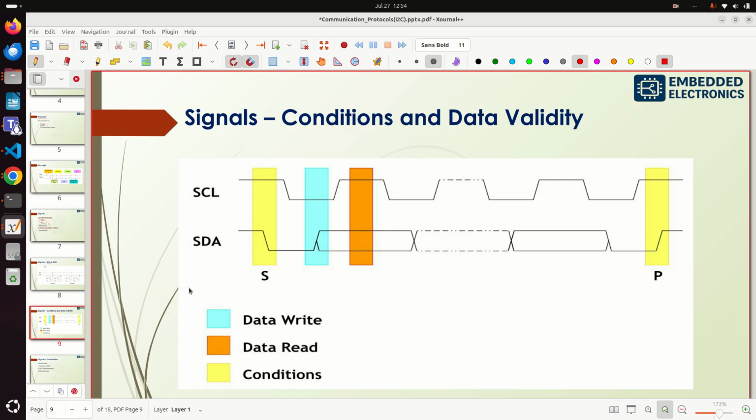So you have to read the data as it is. If the clock is high, we have to read. Here you can see the clock is high. At that time you have to read, meaning here is the data read.